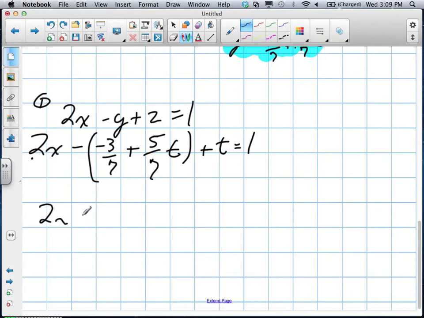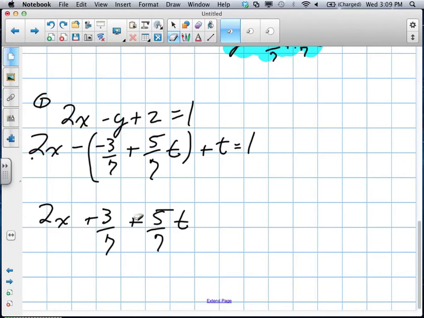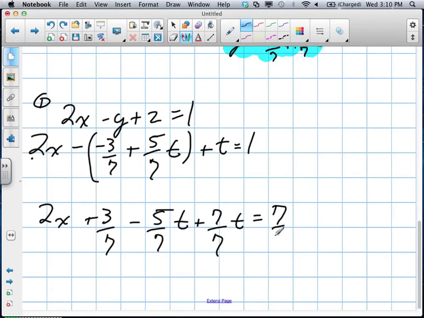It'll still say 2x, but we're going to say plus 3 over 7 minus 5 over 7t. This will become 7 over 7t, just so we can work with it. And I'm going to turn this number to 7 over 7 also, so we can actually do something with these fractions. When we equate the t's, we'll get 2 over 7.